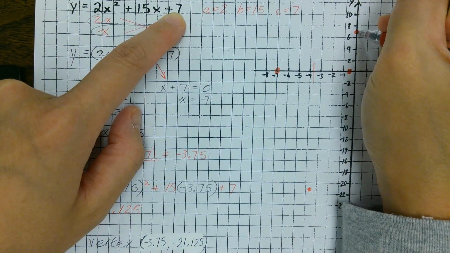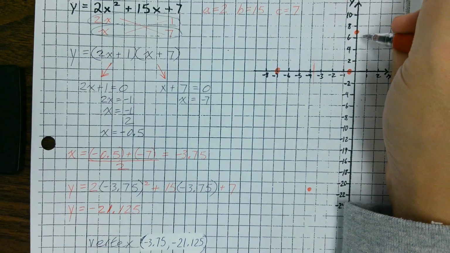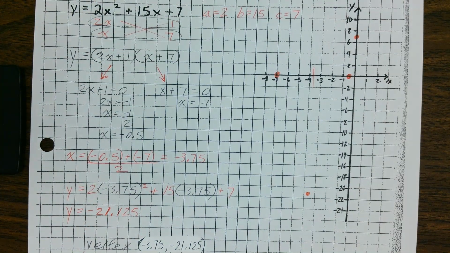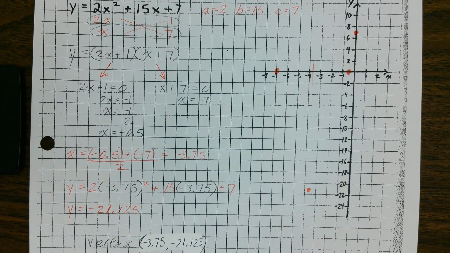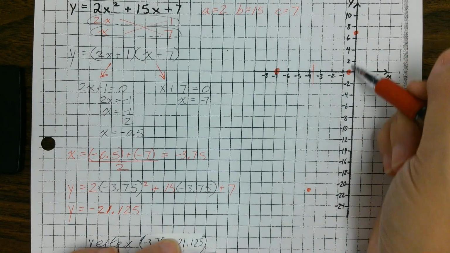So there we go. I have one more point. Okay. Again, without doing any math, without doing any work, how can I get the 5th point? Right? It's just on the other side, right? It's a symmetrical parabola.